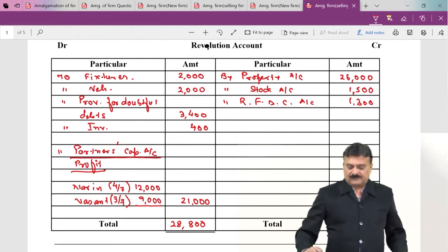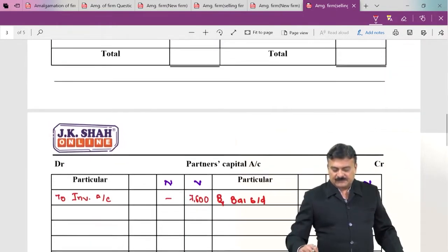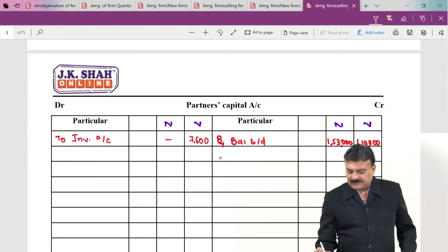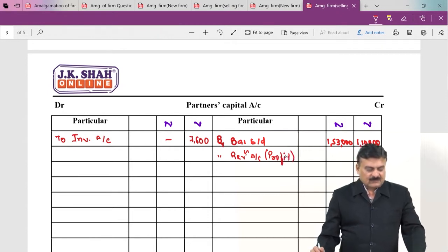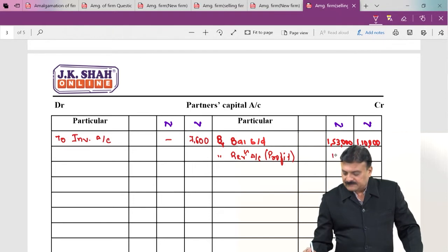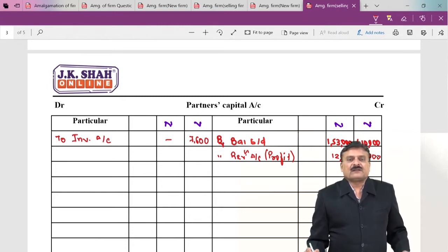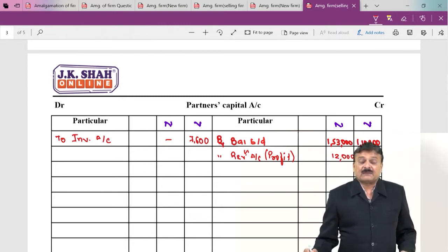Give second effect of this 12,000 and 9,000, that will go to partners capital credit side by revaluation account, in bracket profit 12,000 and 9,000. Next step is to make balancing of partners capital, because that balance also should be transferred to new firm.